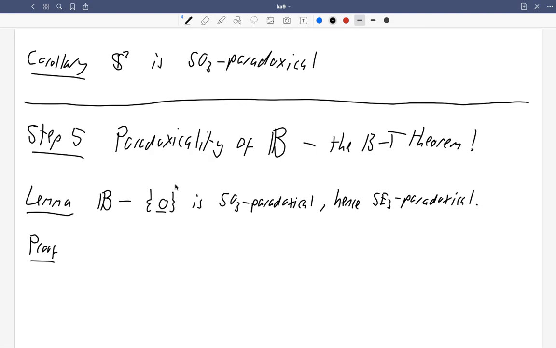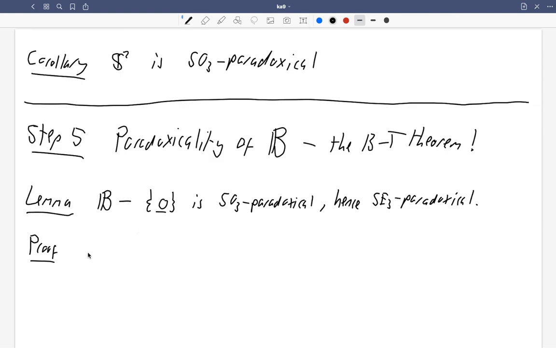So basically we take our paradoxical decomposition of the sphere and we extend it to a paradoxical decomposition of the ball without the origin by attaching to each point on the surface of the sphere the ray going through the ball to the origin.